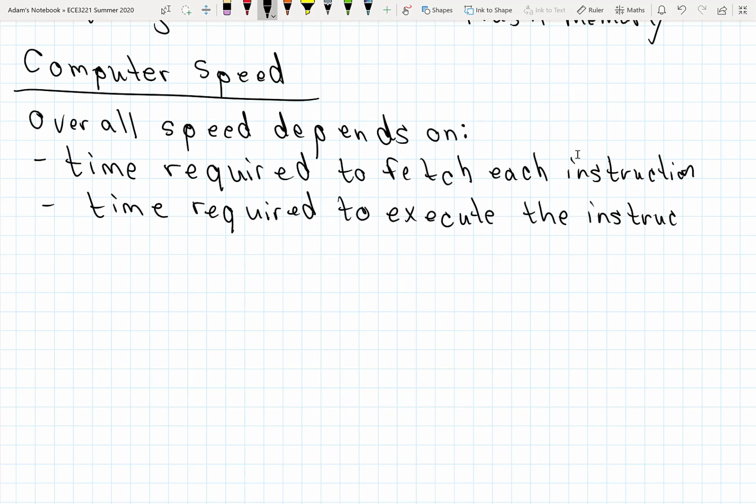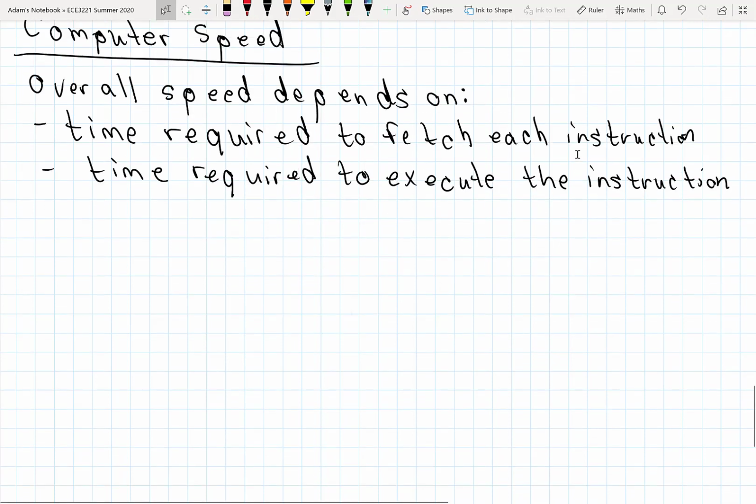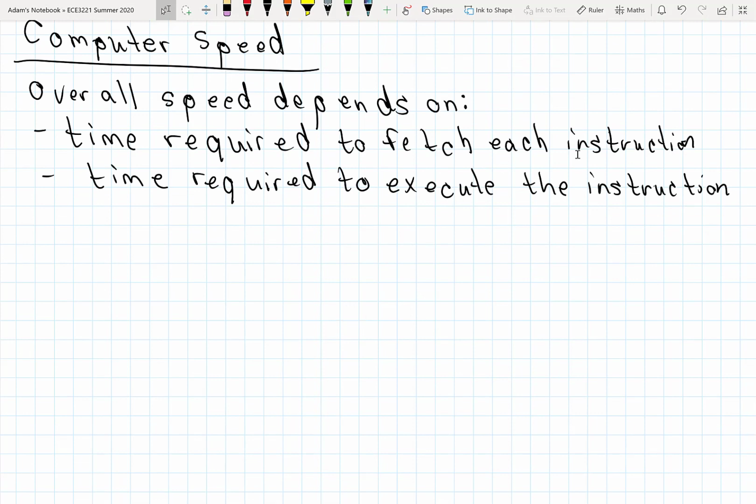Knowing how the processor executes code through this fetch and execute cycle, this may seem like an obvious statement, but there's other things we have to consider.